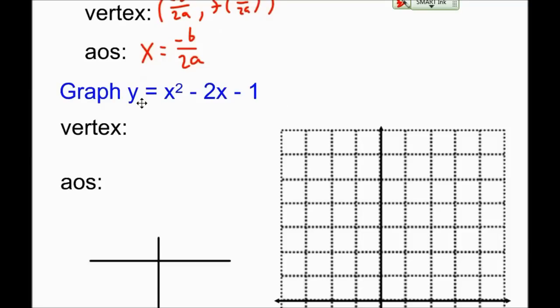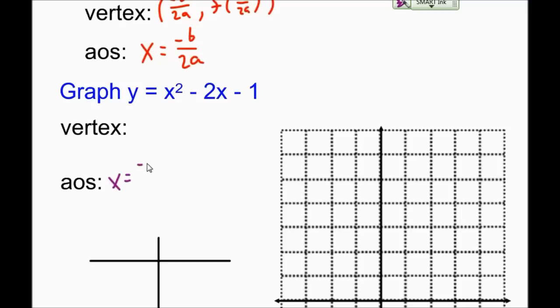So here's what I have. I have y equals x squared minus 2x minus 1. And I want to go ahead and graph it. So the first thing I'm going to do, in this case, I can't just look at it and say, oh, my vertex is here. I'm going to start out by finding the axis of symmetry. Well, my axis of symmetry is, I'm going to write it down again, negative b over 2a. So in this case, b is negative 2.